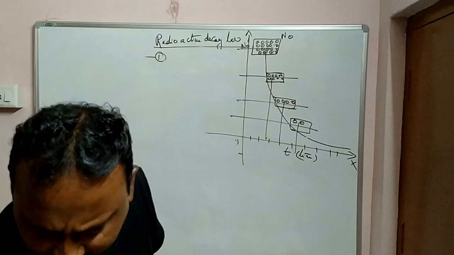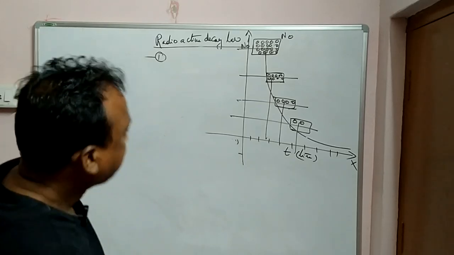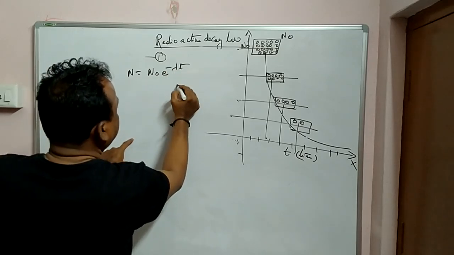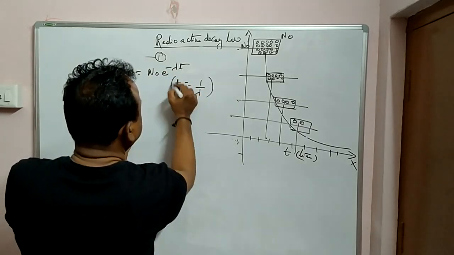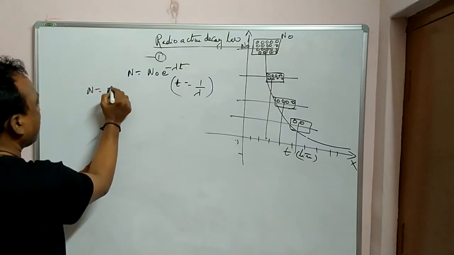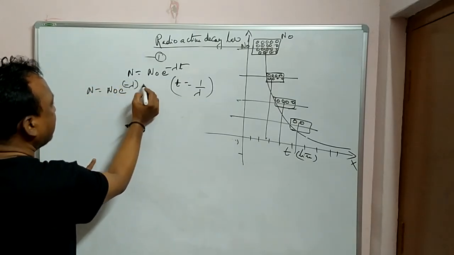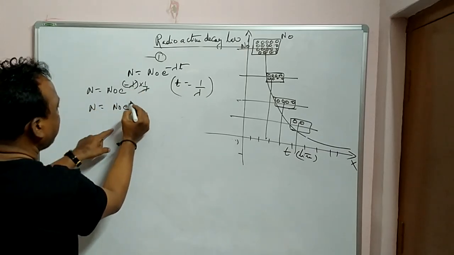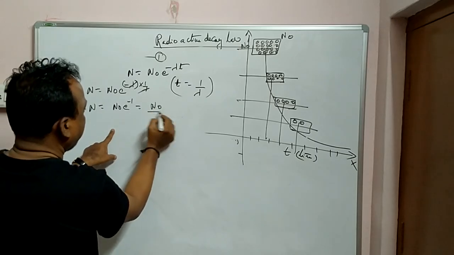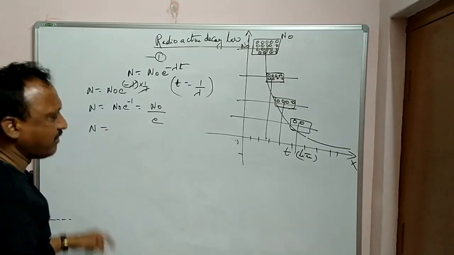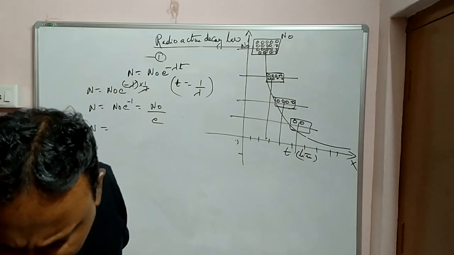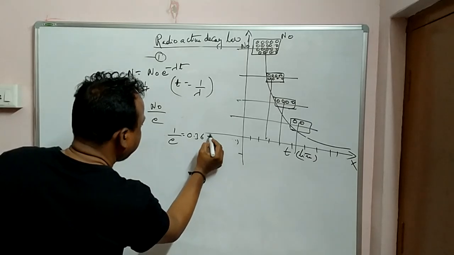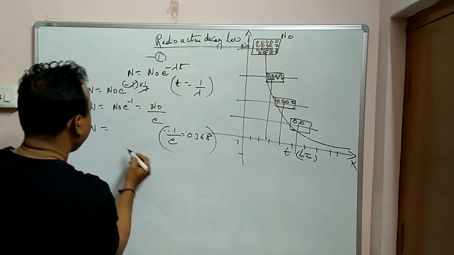Right. Now the same equation I will try to explain in a different form. In the exponential form, N is equal to N0 e power minus lambda t. Let t is equal to 1 by lambda. So N is equal to N0 e power minus lambda into 1 by lambda; lambda cancels. N is equal to N0 e power minus 1, that is N0 by e, or N is 1 by e of N0. 1 by e is 0.368, a value from maths.